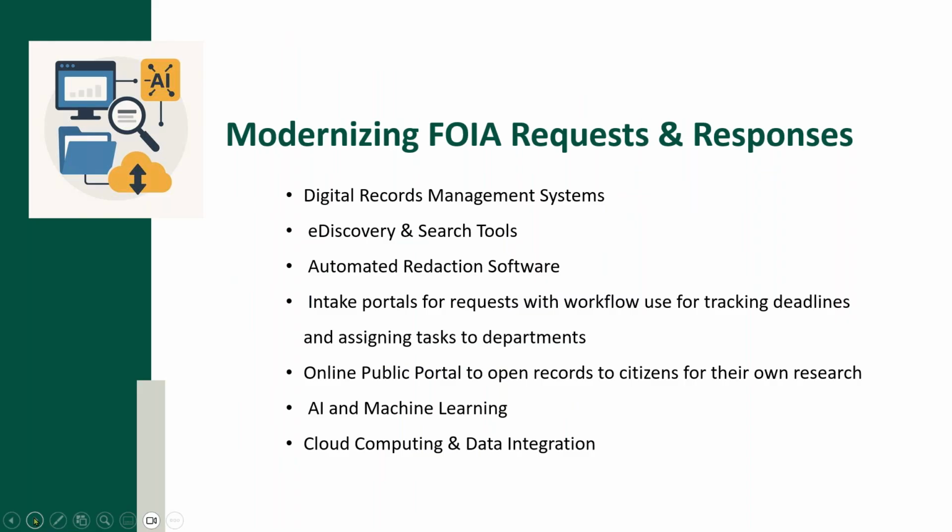And AI, okay, and machine learning. Let's think about that. How do we help with AI? We can do things like auto classify documents. So we know what type of document it is, and AI will classify it into a classification. This is a building permit, and it will put it in the appropriate place.